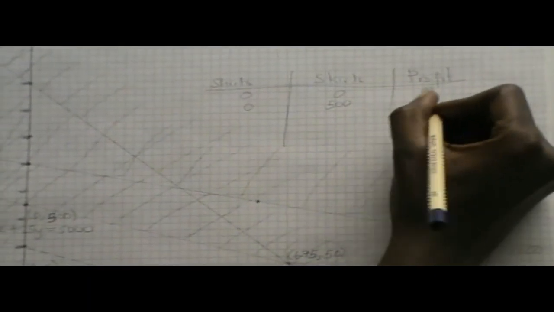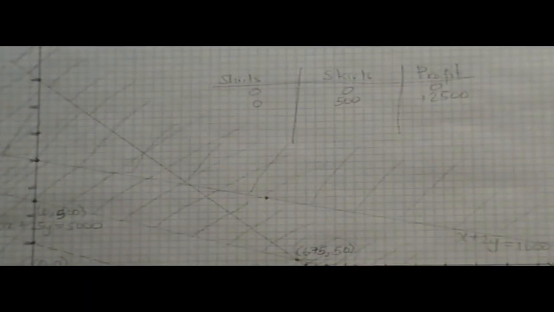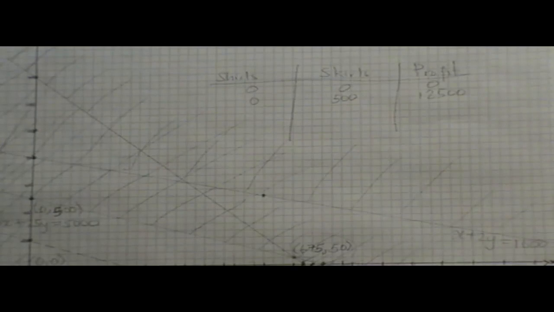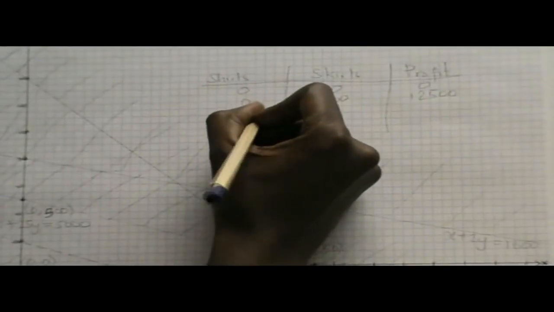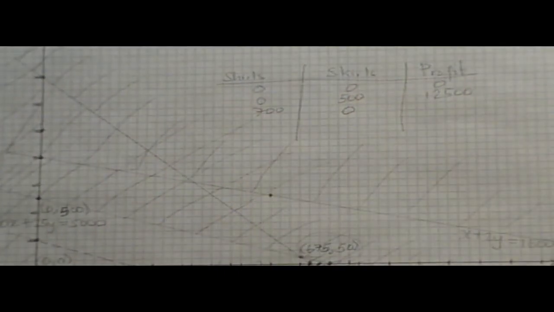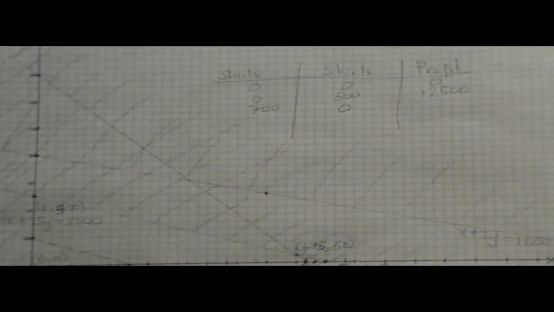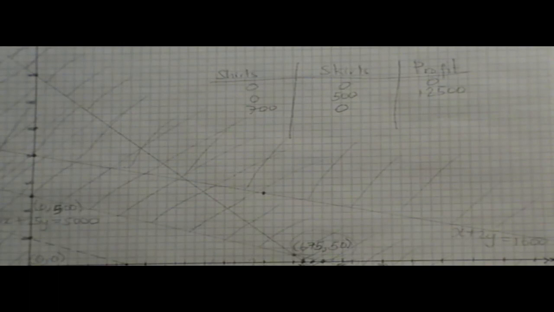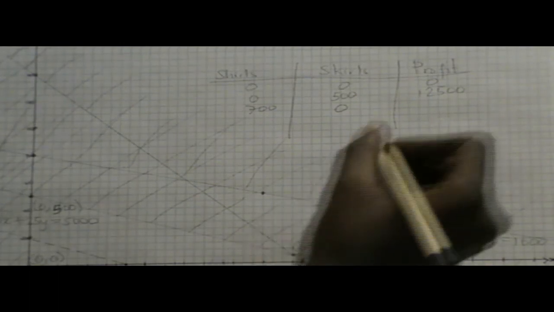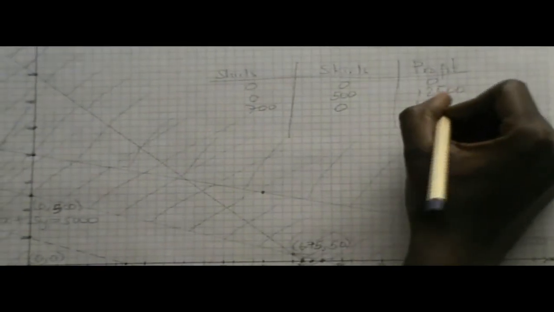You can see what I have over there, 12,500. Then I move on to this one over here. I have 700, 0. So this one here is just 700 times 20. My profit is 14,000. See, it's bigger than the previous one.